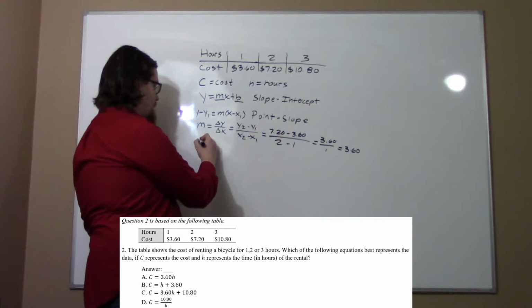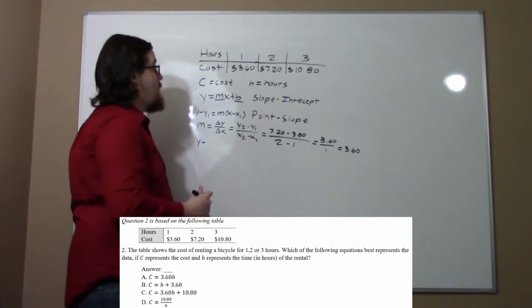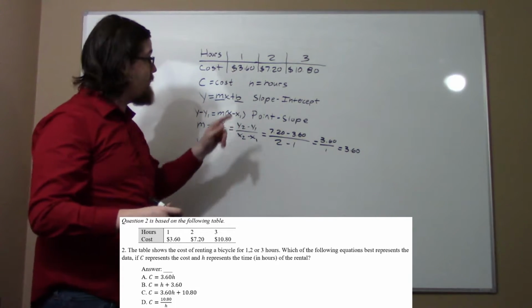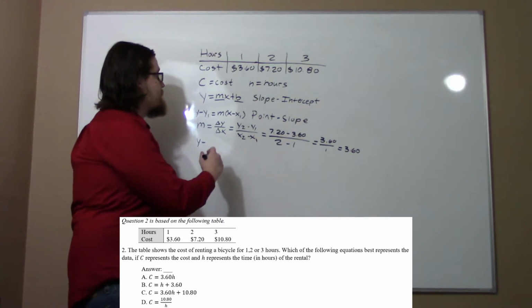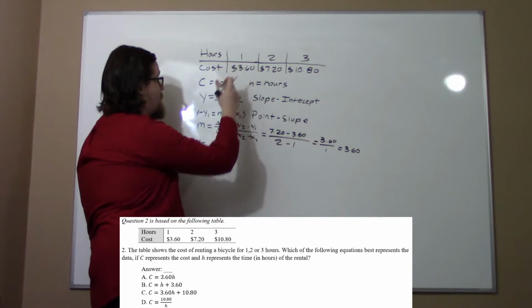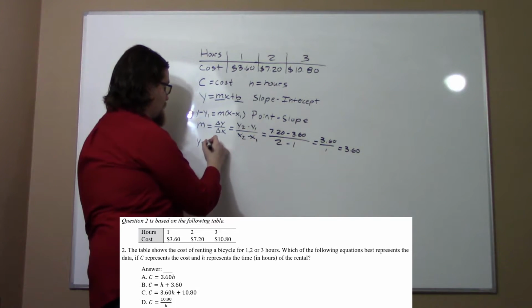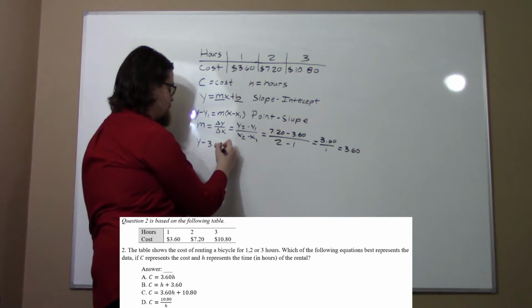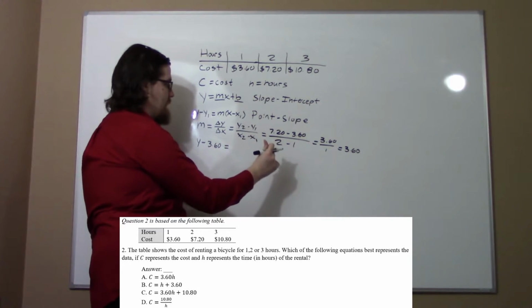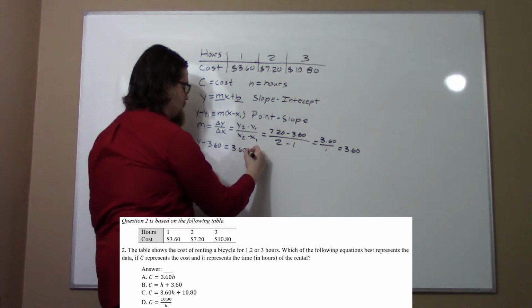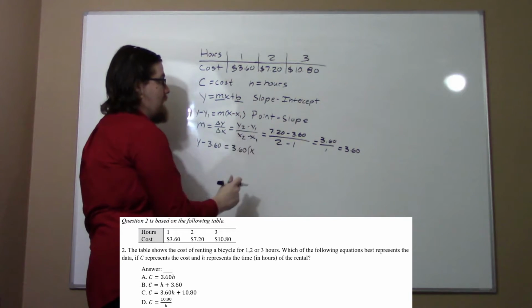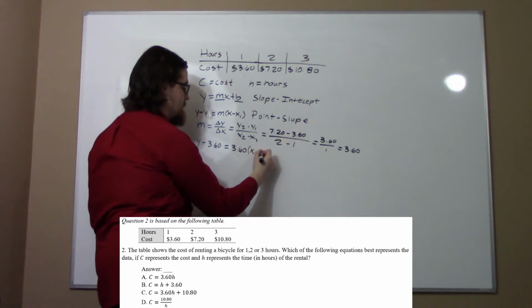So what we do is we take our equation and we're going to plug in another point, and it doesn't matter which one, so I'm going to choose the first point as that's the easiest one to work with. So we take our y1, which is in this case 3.60. Then we take our slope that we just found, 3.60, times x minus our x1, which is the 1 here.